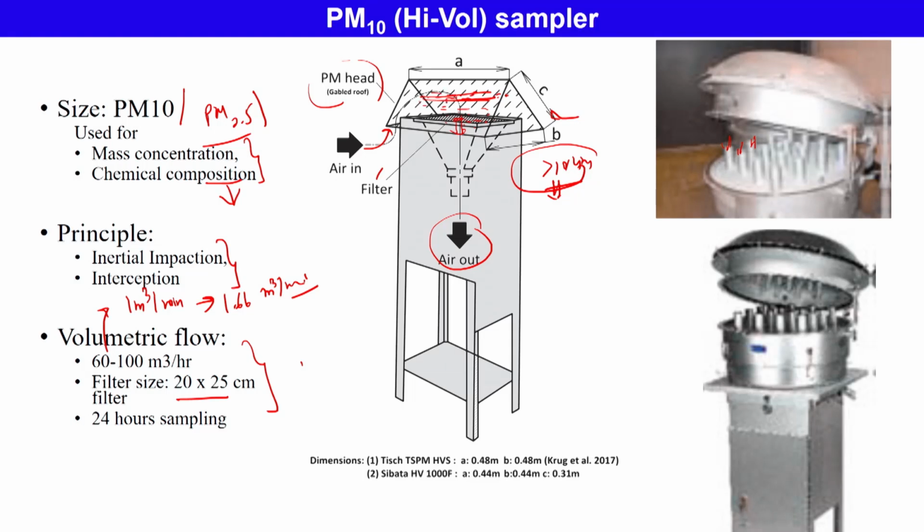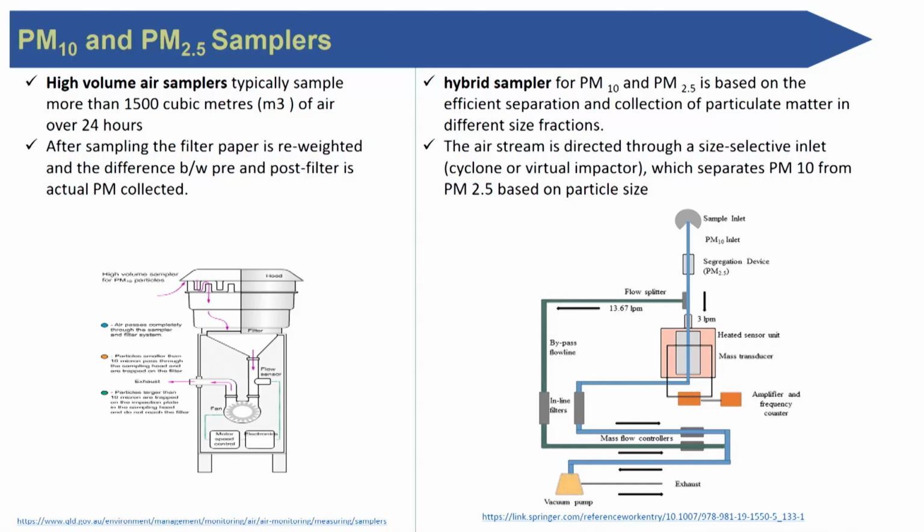Because of the larger particle size, the particles have more mass and more inertia, and when they impact the grease surface, they just get attached to it. I will discuss this in the next lecture.